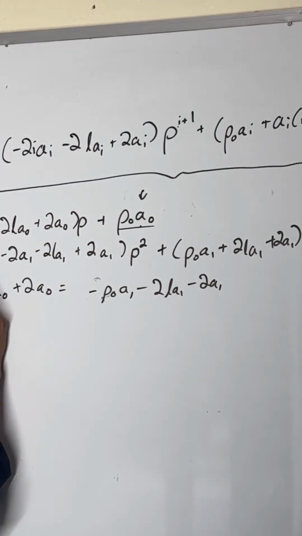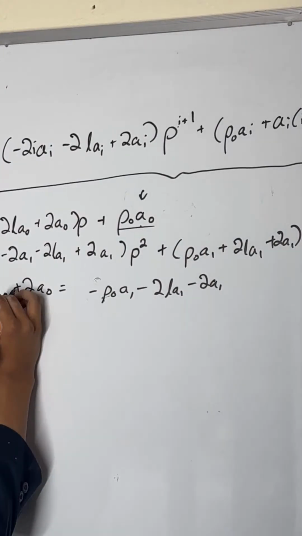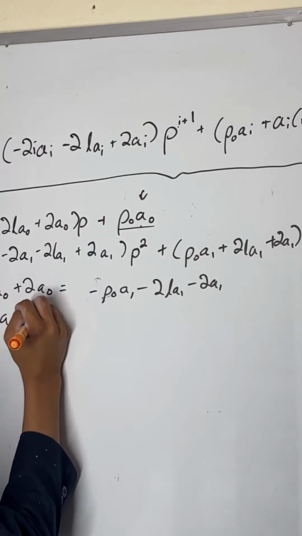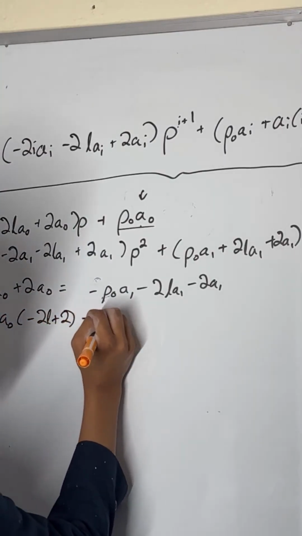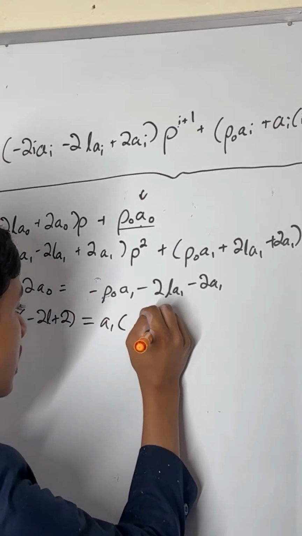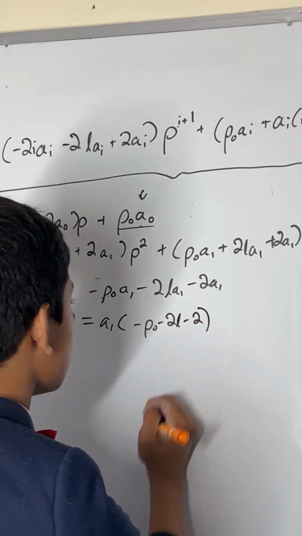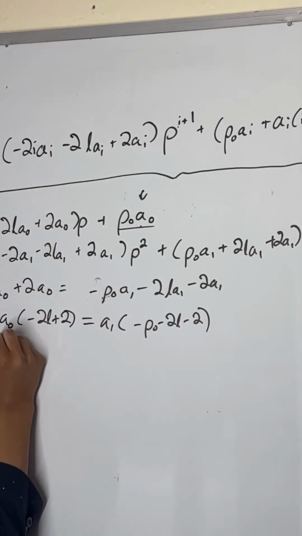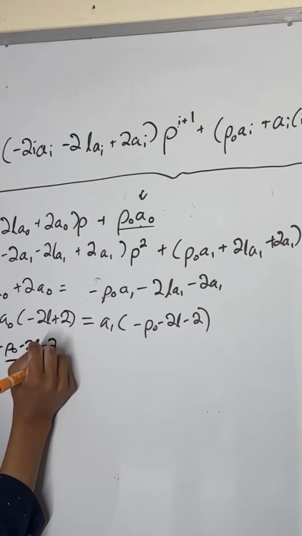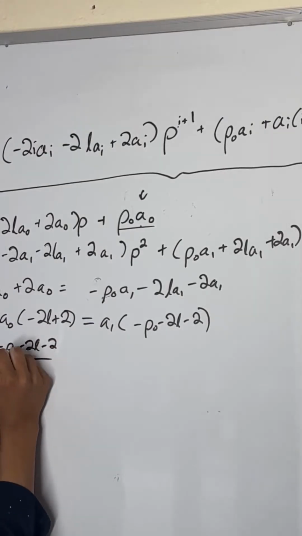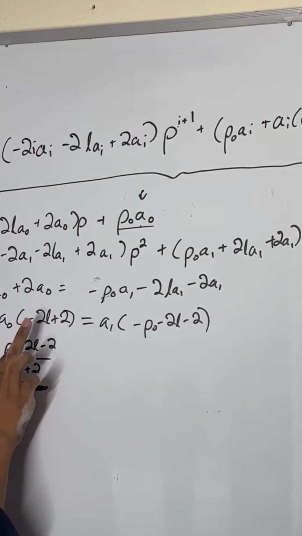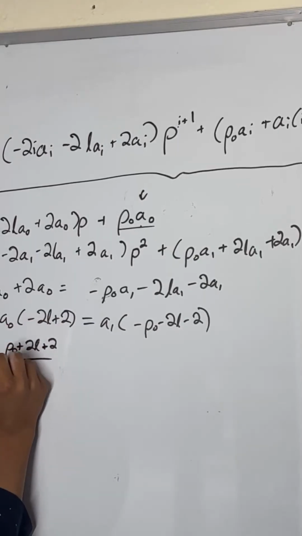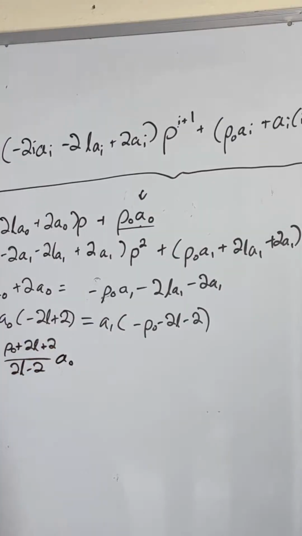So A naught times minus 2L plus 2 is equal to A1 times minus rho naught minus 2L minus 2. And so A1 is equal to minus rho naught minus 2L minus 2 over minus 2L plus 2. Or in other words, rho naught plus 2L plus 2 over 2L minus 2 times A naught.